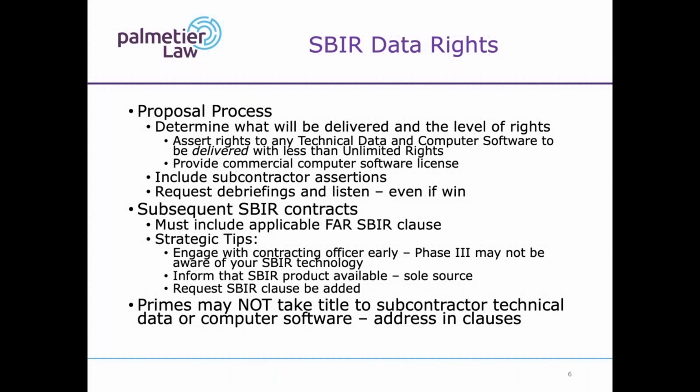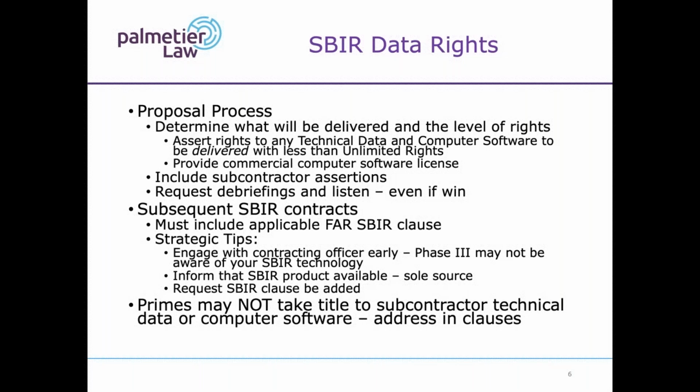And so there's a standard table in the DFARS that the FAR has adopted that basically says you have to say what the IP is that's being delivered, what level of rights the government gets to it, and what is the rationale for it. You need to make sure that on any proposal, whether it's an SBIR proposal, or in the future, another proposal to which you're delivering your SBIR technology, that you follow this process.